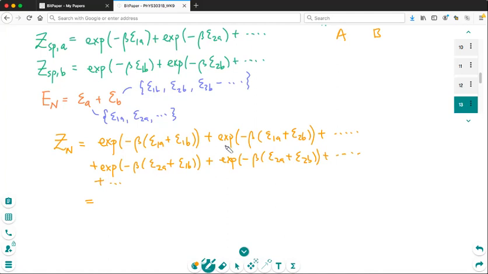Now you see the pattern very quickly, right? Because if you look at the first row, you can pull this out, epsilon 1a. This first term is the product of two exponentials: e to the minus beta epsilon 1a times e to the minus beta epsilon 1b. So I can pull this out, and I end up having e to the minus beta epsilon 1b plus e to the minus beta epsilon 2b.